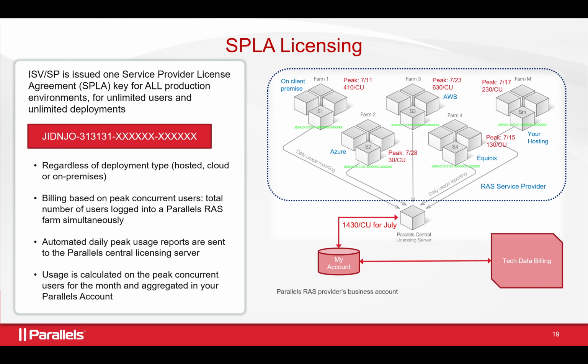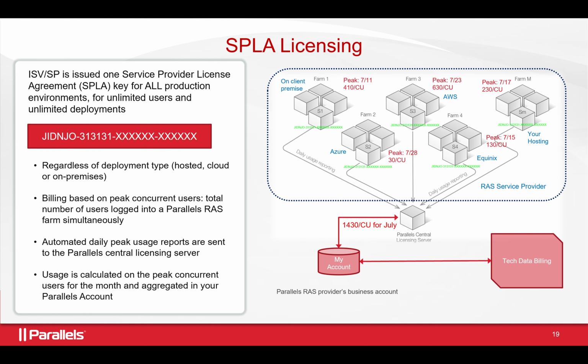In the example on the right, we have farm 1, 2, 3, 4, and farm M. Each of those instances is part of a single license key. They're separate farms. Each farm is automatically counted throughout the month. We measure from the beginning of the month, every day through the end of the month. The day of the month on which the farms have the highest utilization is what we use to count.